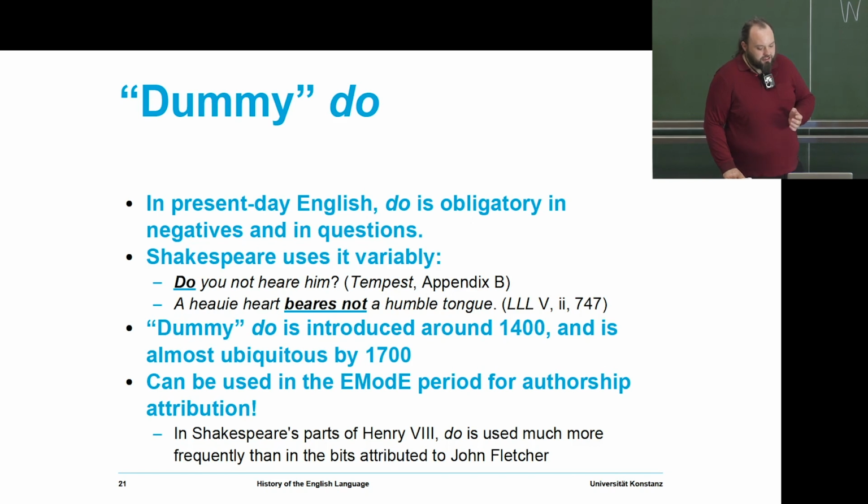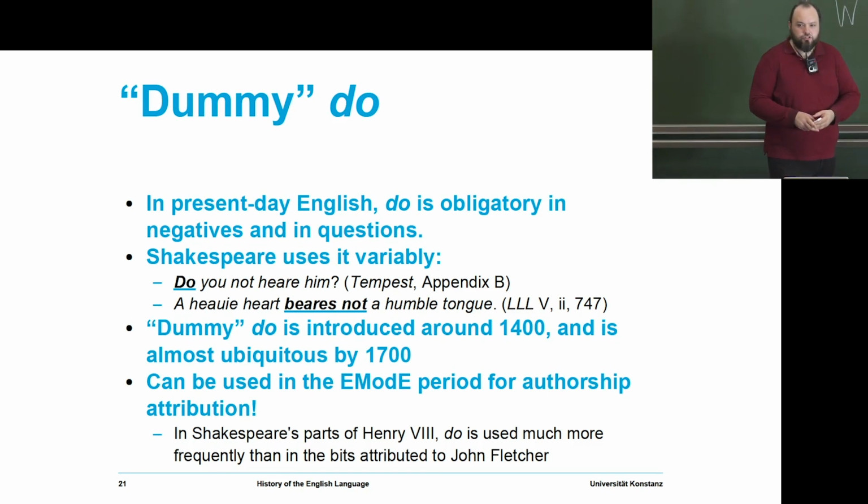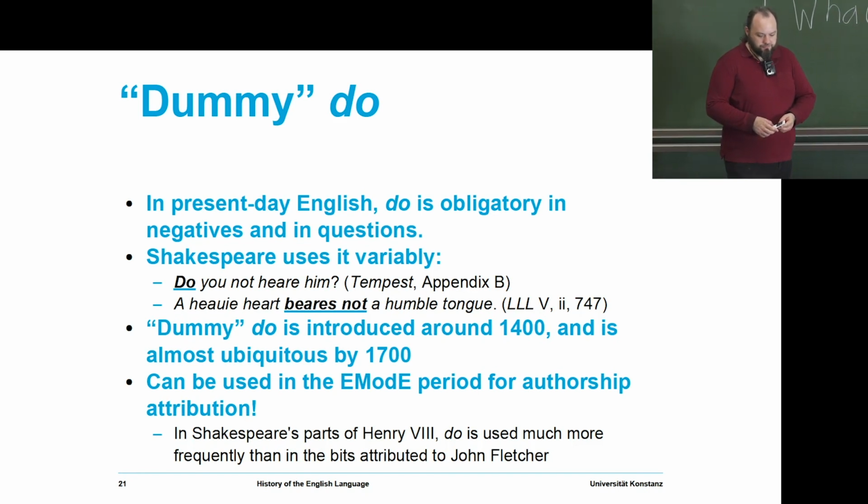We also see a heavy heart bears not a humble tongue. So this is a more archaic form. The modern equivalent would be a heavy heart does not bear a humble tongue, with a do. And this do is something we see the first traces of around 1400, and by 1700, so by the end of the early modern period, it is everywhere, this do form.